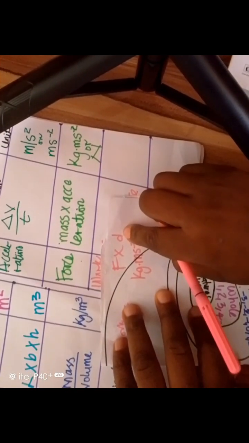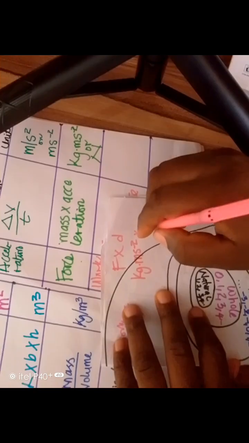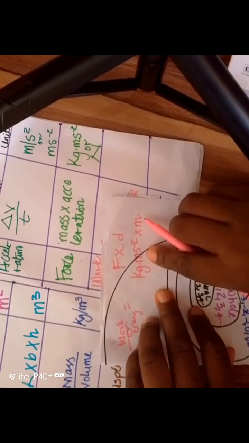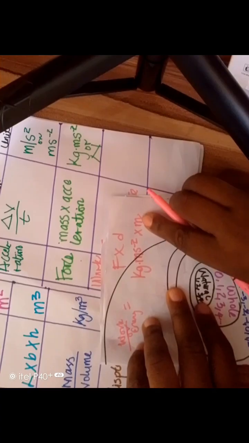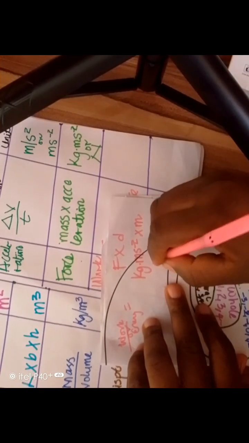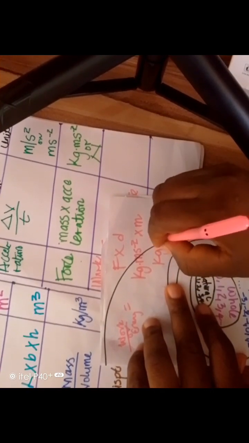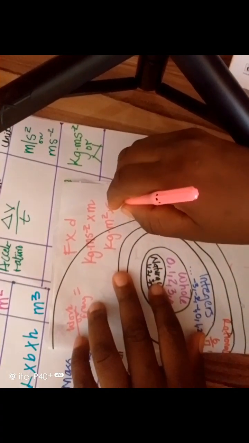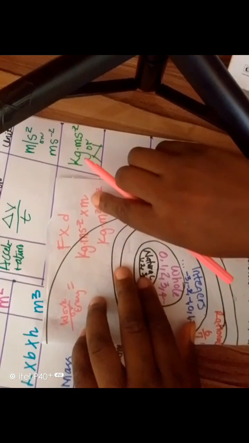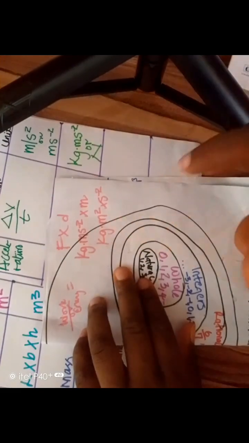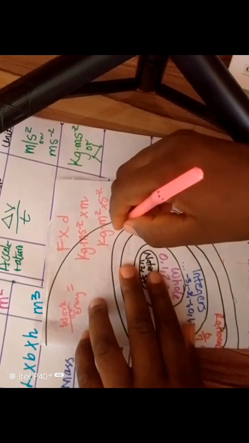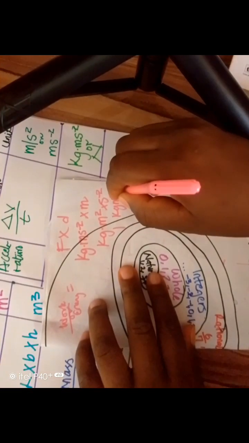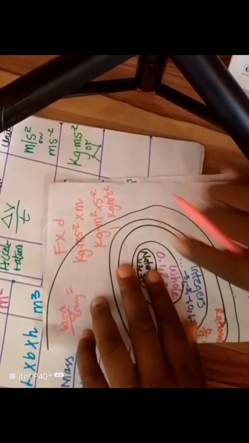Remember that distance is measured in meter. I hope you have not forgotten. So when we times it, you see that we are going to get kg m squared per second squared. The m times m becomes m squared. So that is why the formula will be kg m squared s to the power minus 2.